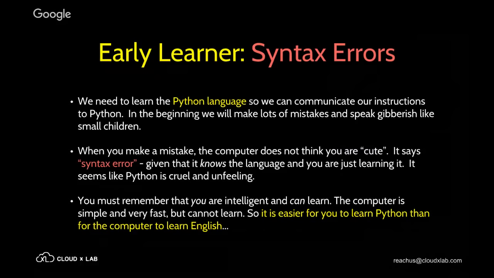In the beginning, we'll make a lot of mistakes, and it looks like gibberish, as if for kids, and the computer will throw an error, and it'll basically say syntax error, and you will learn by working with the computer, right? The good part about learning a programming language is you do not need too much hand holding, because the computer gives you feedback, and you can basically follow the feedback, search online, and get your answer.